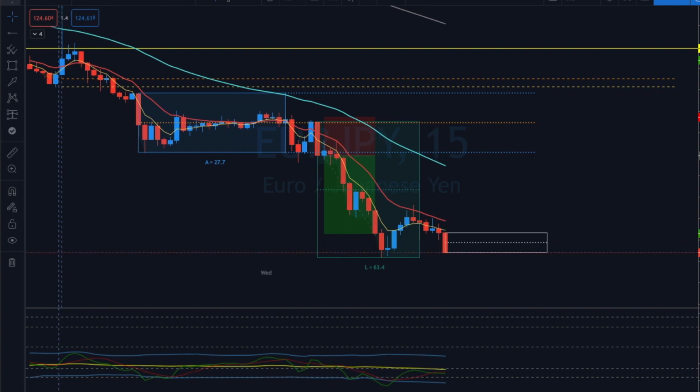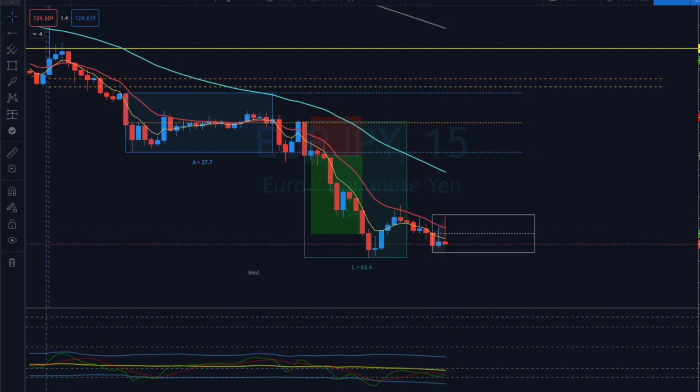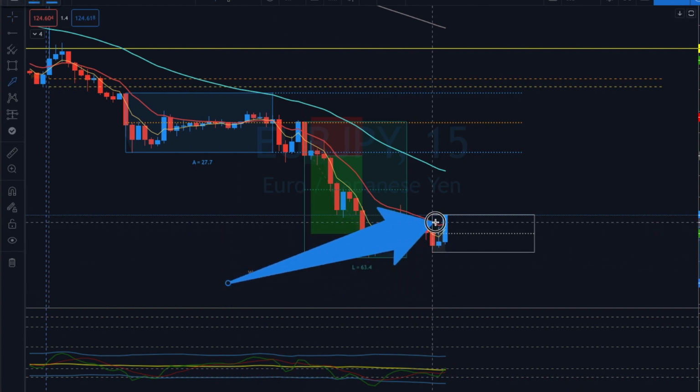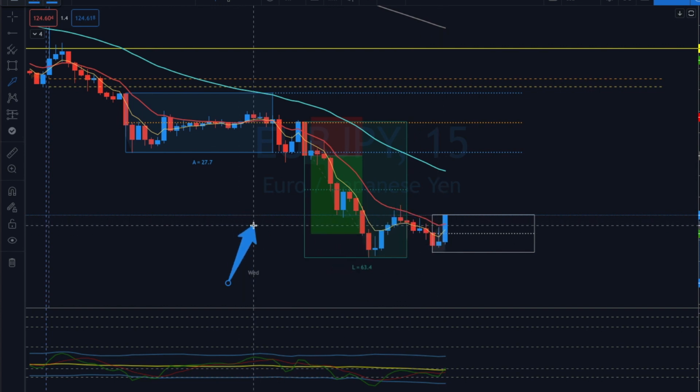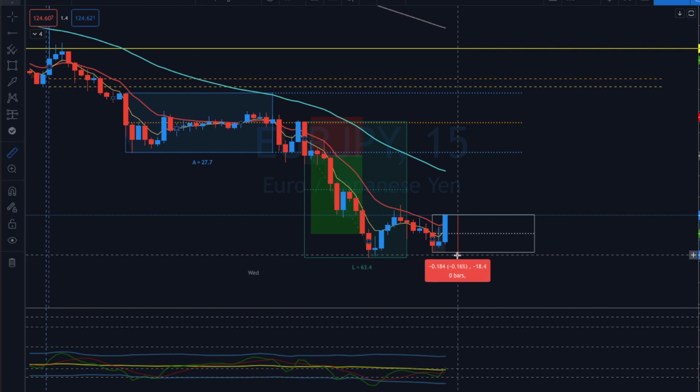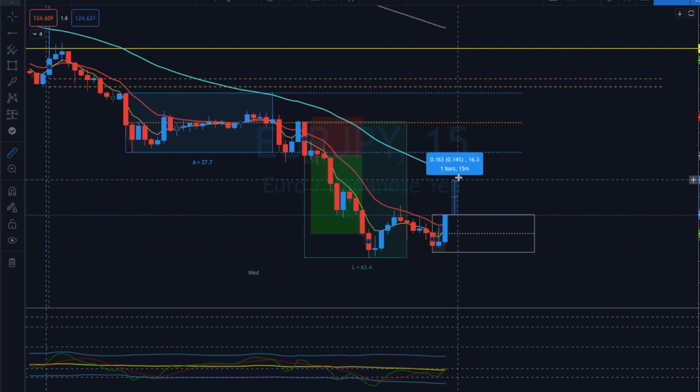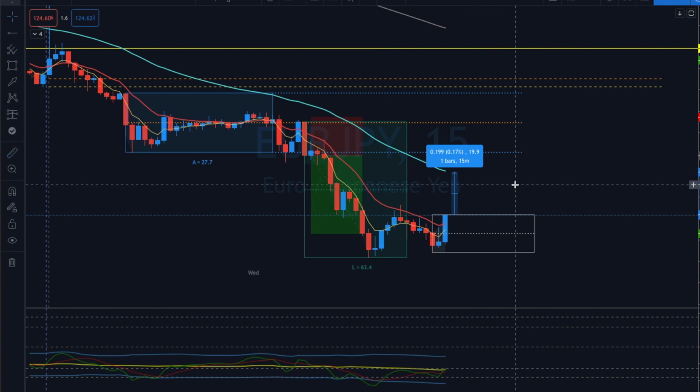Now for the New York session, same thing. A lot of you would be looking for this reversal here, from here, first leg, second leg here. And I'm going to tell you the same thing: you're probably going to look for a trade back to the 50. So you have to think, okay, if I'm risking 18 pips, to get to the 50 from here is about 19 pips.